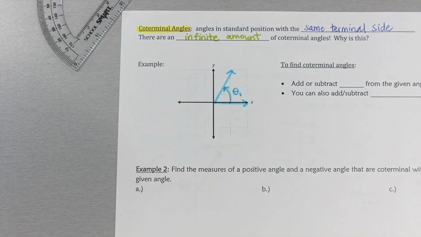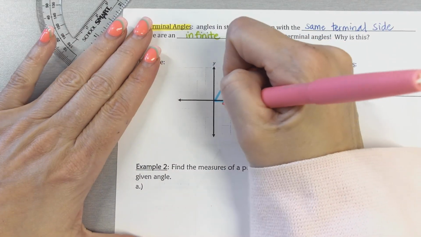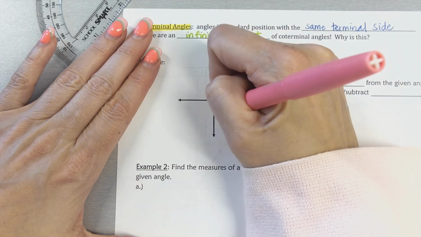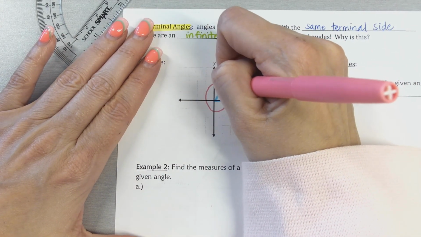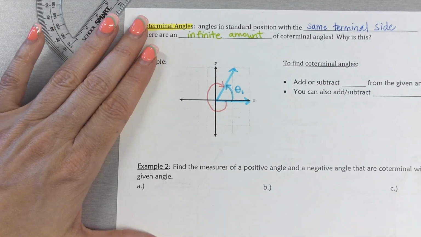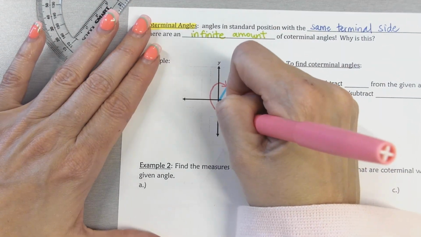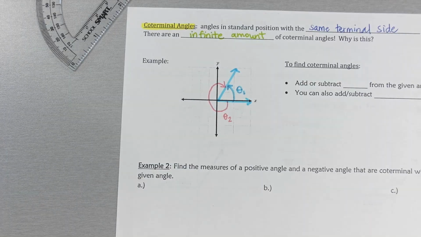You can also have the angle that starts at the same initial side, but it goes clockwise. We're going to call that theta sub 2. Those are coterminal angles. They start and they end at the same place. They're just going in different directions.